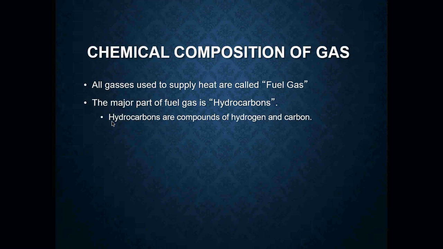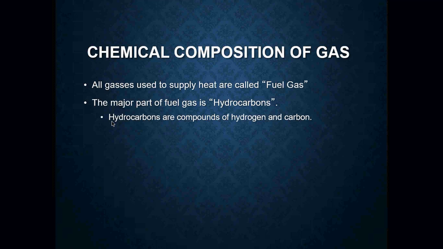So the first thing that we need to know and understand is that all gases used to supply heat are called a fuel gas. The major component or part of these fuels is what we consider and call hydrocarbons. Now, hydrocarbons are made up of two different compounds. They're made up of hydrogen and carbon, hydrocarbon.